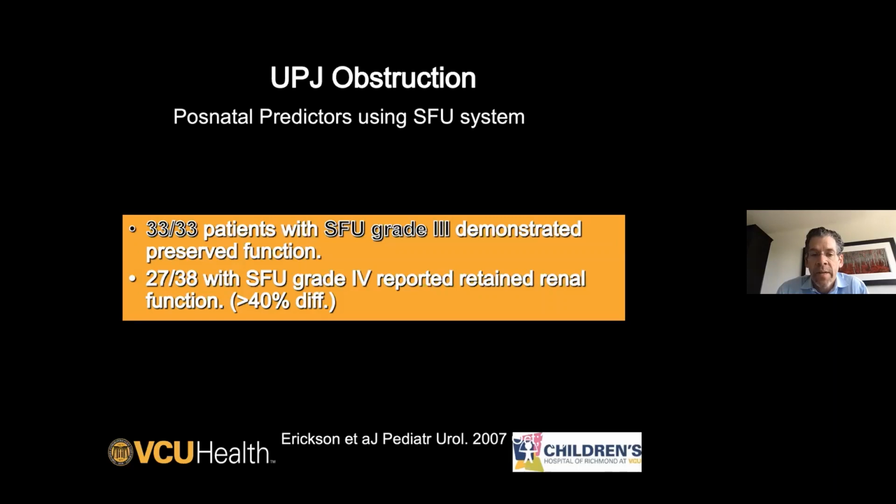This is in contrast to the SFU4 group, where only 27 out of 38 had greater than 40% function. So again, I think it's a great predictor of function. And when this came out, this was some of the data that I used in terms of my personal practice to not perform a renal scan on every patient that has significant dilation.